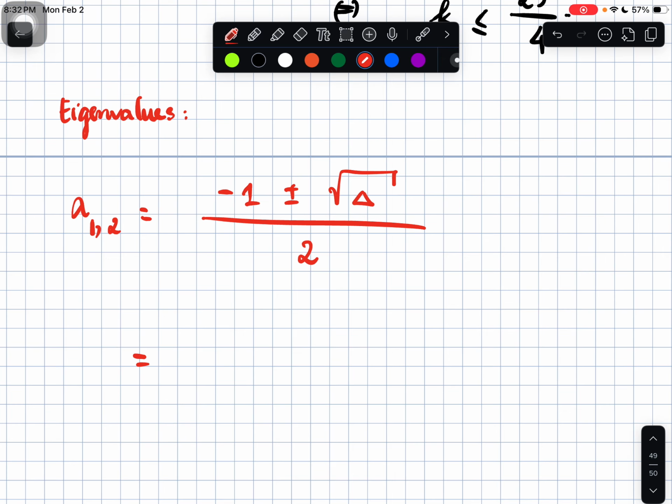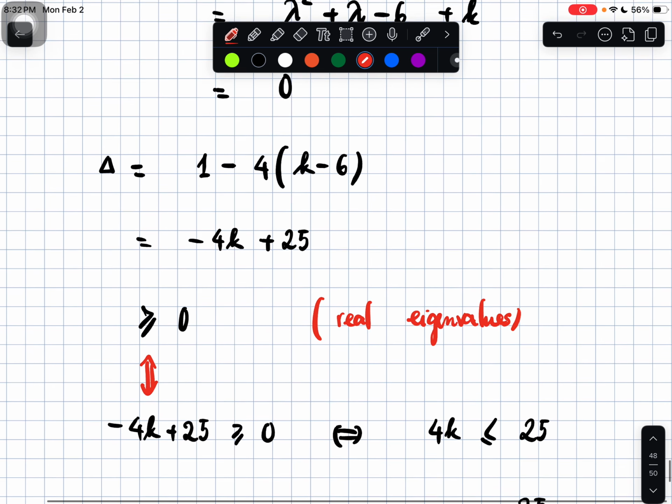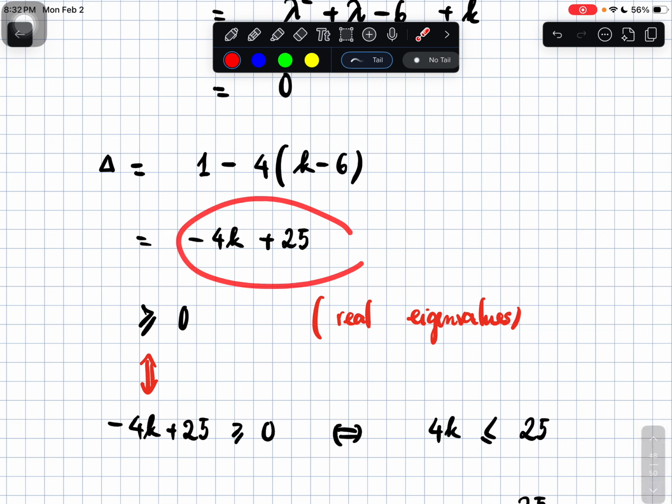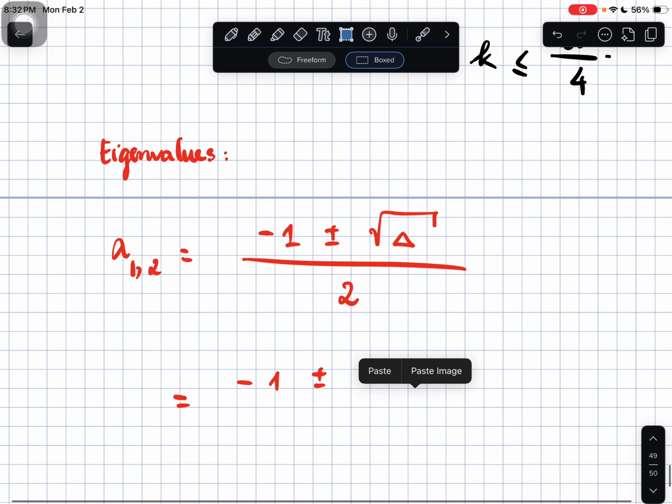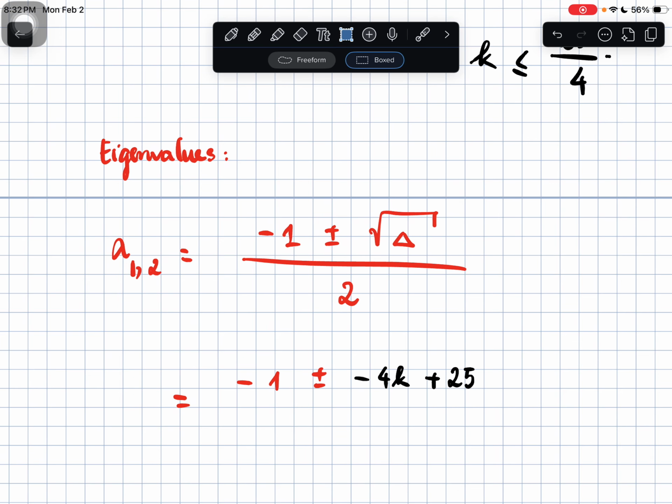So in this case we get minus 1 plus or minus the square root of 25 minus 4k, divided by 2.